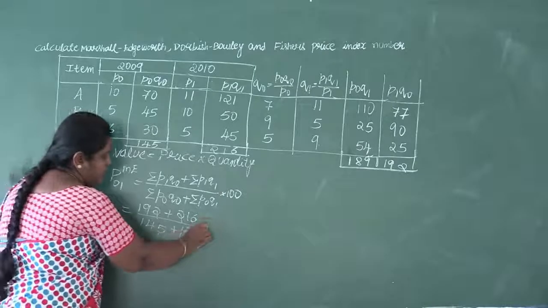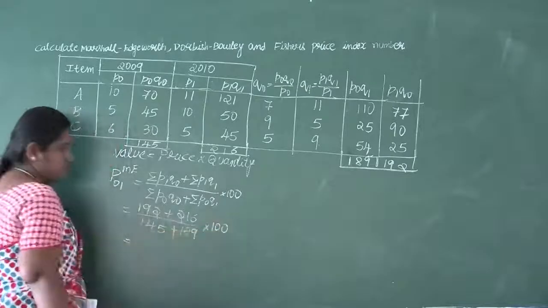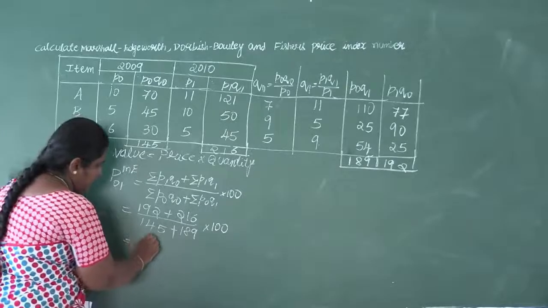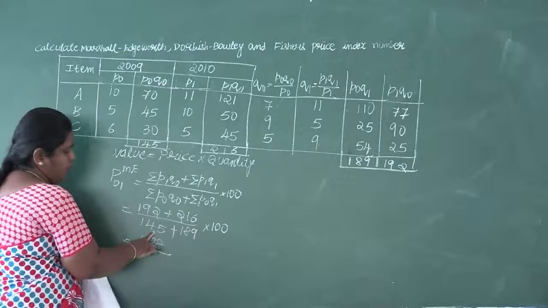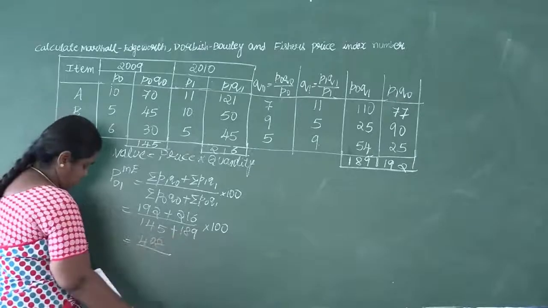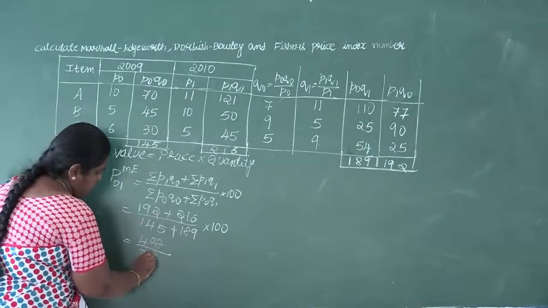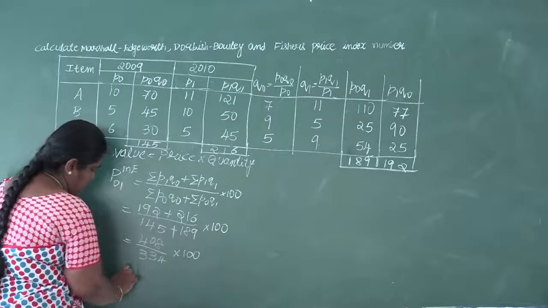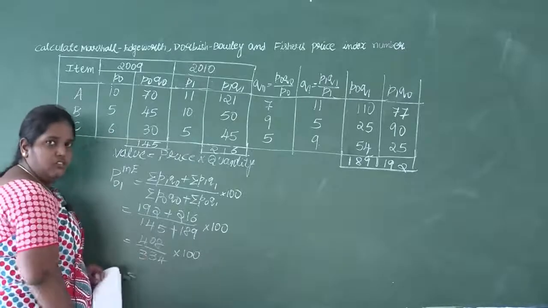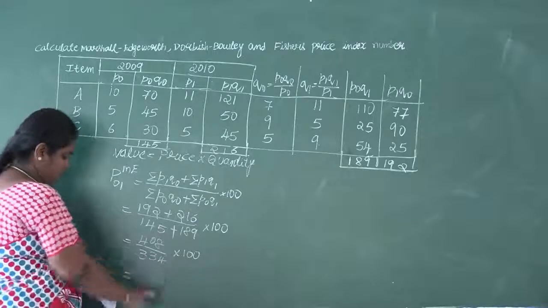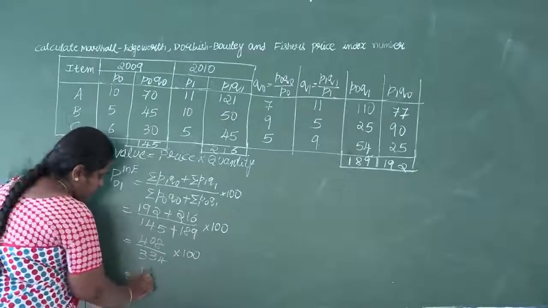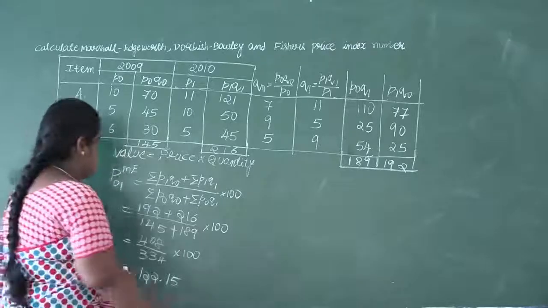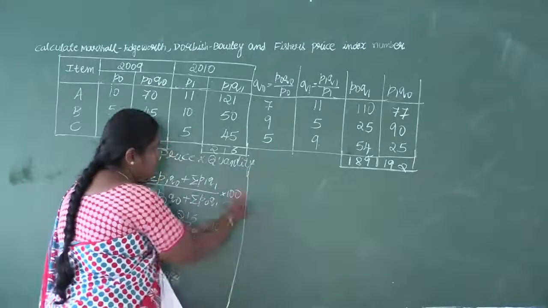Add the numerator, add the denominator. So 192 plus 216 is 408 divided by 145 plus 189, it is 334, into 100 we have to write as it is. So 408 divided by 334, then multiply with 100, we'll get 122.15. So this is regarding the Marshall-Edgeworth.